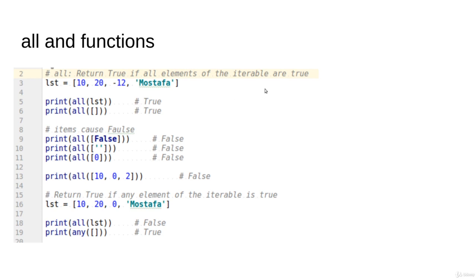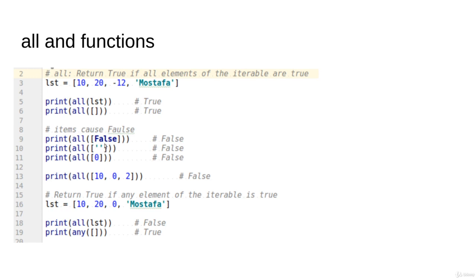There are also 2 functions named all and any. The all function returns true if and only if all the items are true. Remember, items are false if they have a false value, or an empty string, or a 0 value.